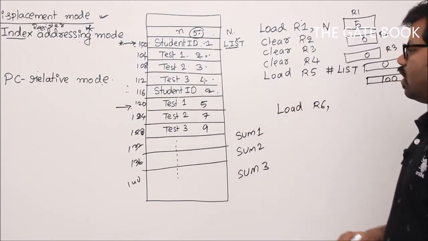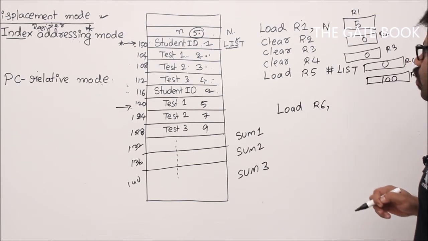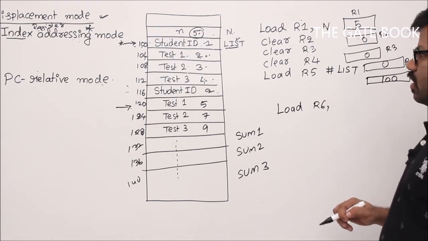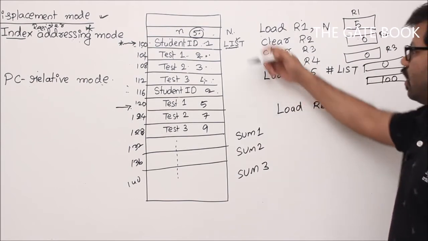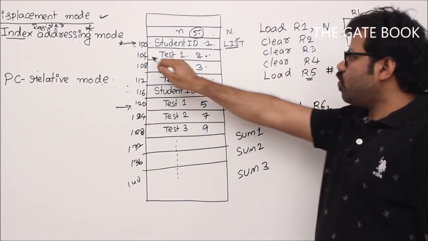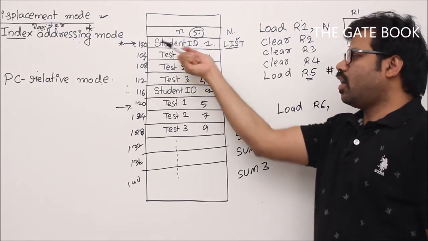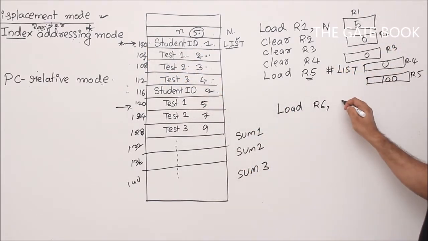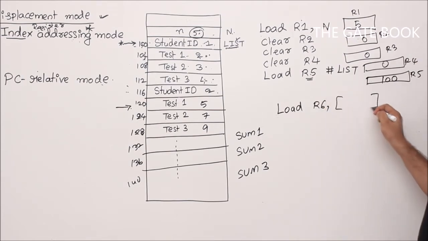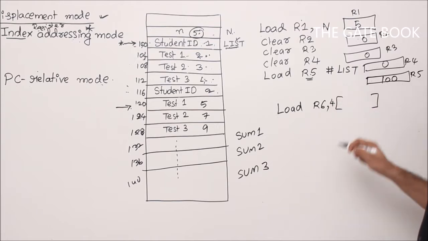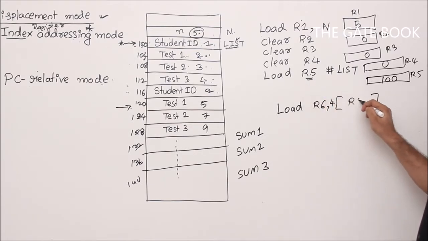How to fetch it? Now we can use index register addressing mode. R5 contains the address, right? You tell me, what is 104 with respect to 100? 100 plus 4, correct? So I write 4 of R5. R5 contains 100.